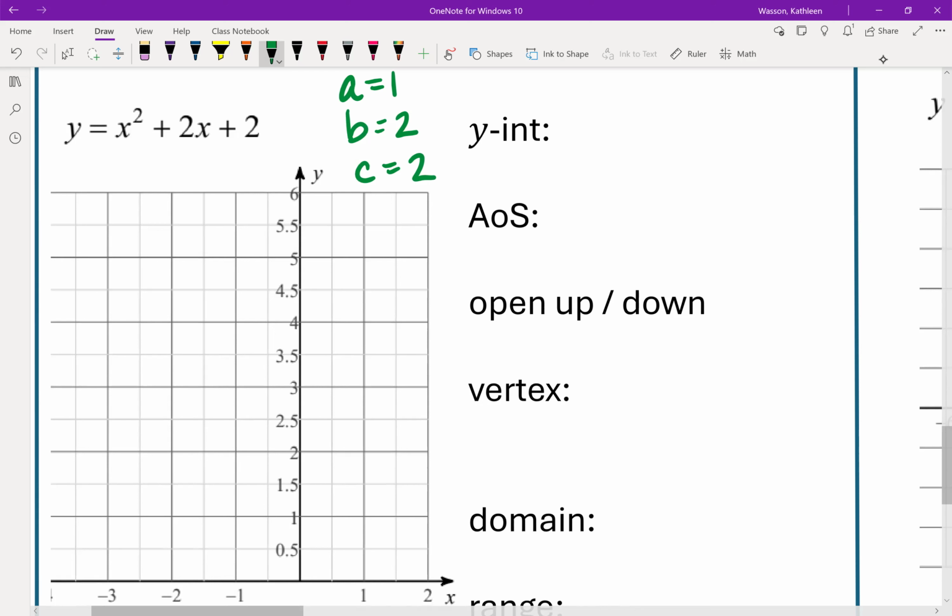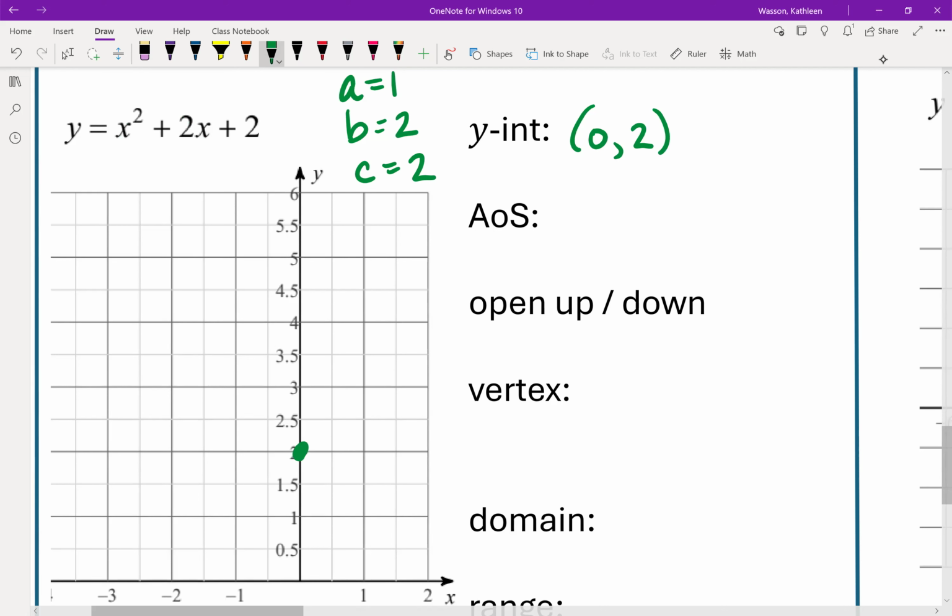My y-intercept is where x is 0. So if I take the x off here, and I also take it off here, then I get when x is 0, y is 2. And I can plot that point.